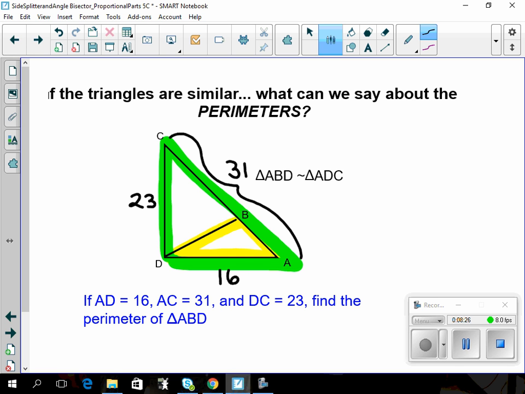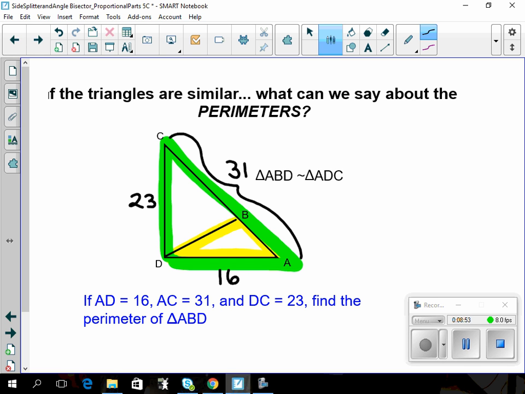We're trying to find the perimeter of the little triangle. Perimeters have the same scale factor as the sides do. That's important information. I'm going to say it one more time. The perimeter has the same scale factor as the sides do.